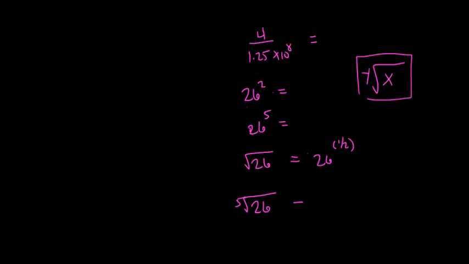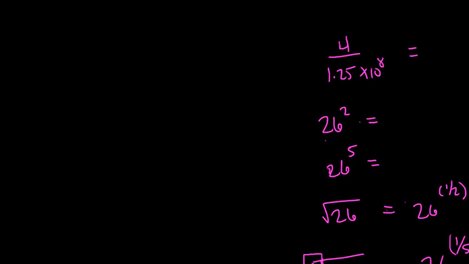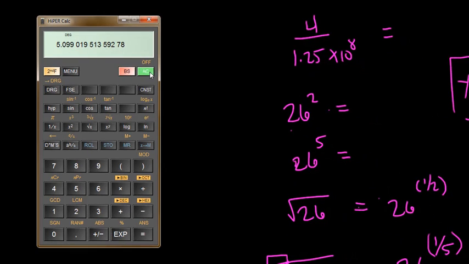But you can take advantage of the fact that the fifth root of 26 is 26 to the 1/5 power. Whatever this value is, it's the denominator in your fraction in the exponent. So the square root is the 1/2 power, the cube root will be the 1/3 power, the fifth root is the 1/5 power.